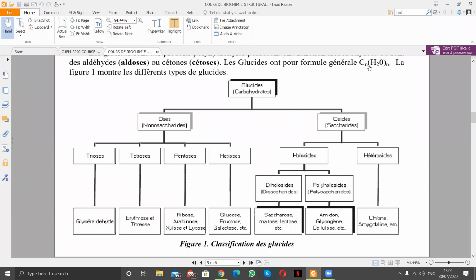Yes, I earlier stated all monosaccharides have got this formula. There are points I mentioned, and I also mentioned another point. All monosaccharides consist of, remember the suffix.